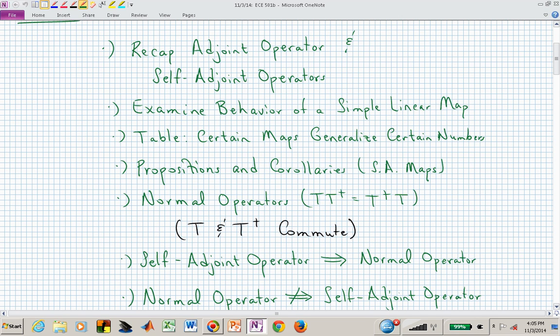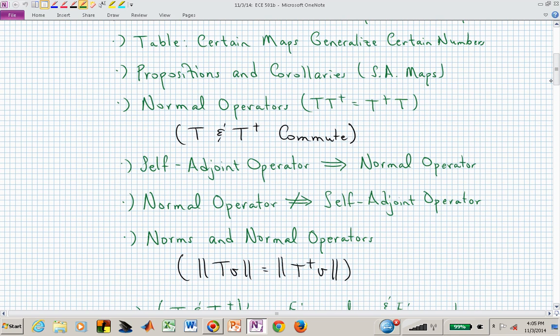If that's true, then we say that the map is a normal operator, which allows us to conclude that a self-adjoint operator does imply a normal operator, but a normal operator does not necessarily imply a self-adjoint operator, and we'll show some examples. You only really need to have one counterexample to show that the implication is not true.